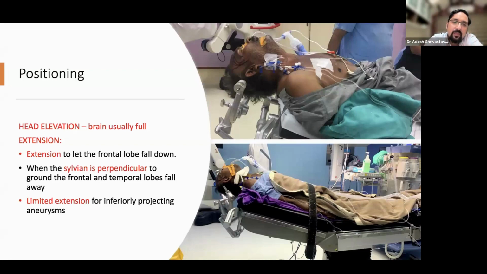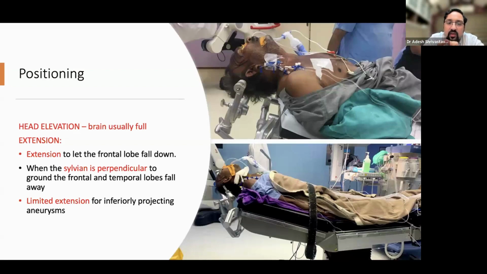So use maximum possible extension, but in a way that your venous drainage is not hampered. And try to keep the line of the Sylvian fissure perpendicular to the floor. This helps in keeping the frontal and temporal lobes falling equally if you have to do the Sylvian dissection, so minimal use of retraction can be done.